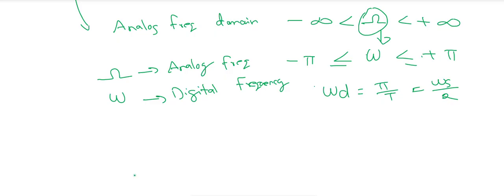The bilinear transformation technique compresses the entire analog frequency range to the digital frequency range, that is 0 to fs by 2. It is a stable, straightforward method from analog to digital H of z.